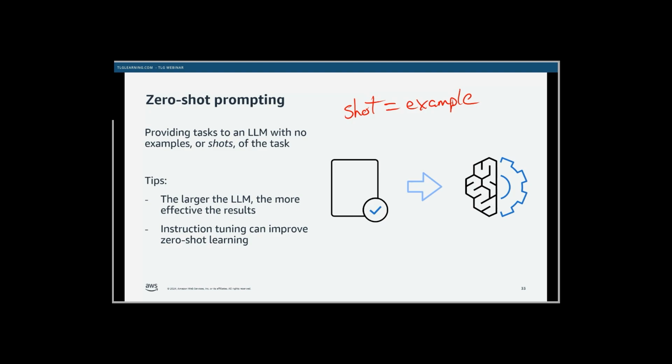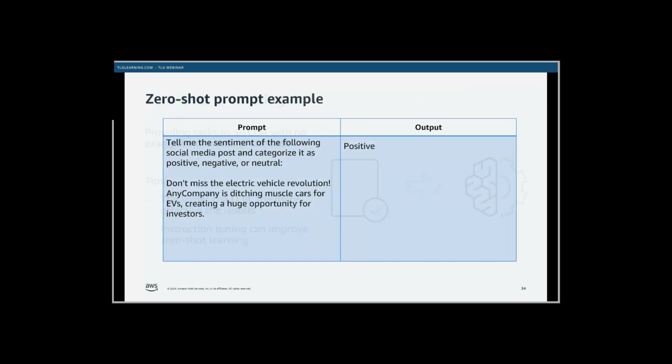It is especially influenced by the size of the LLM, meaning the size of data that the LLM was trained on originally. The larger the data set, the more knowledge, the more patterns really that the foundation model is aware of, will generally get more effective, more accurate results. And then you might need to fine tune your prompt from that point in order to get effective results.